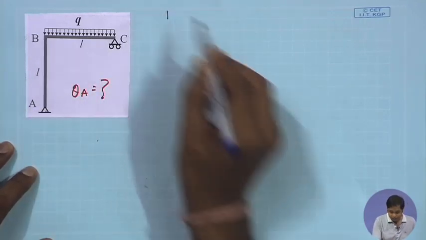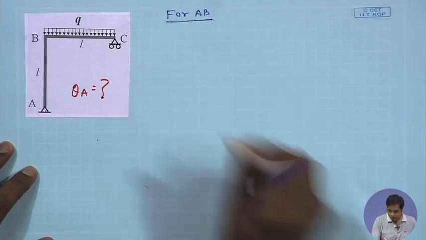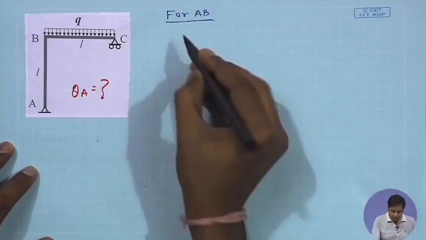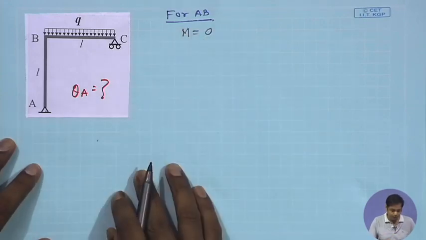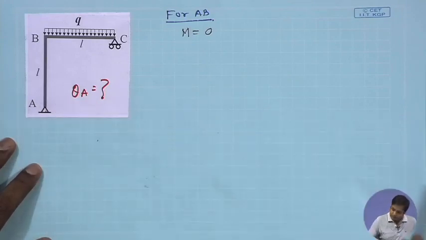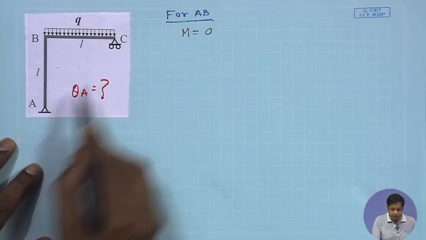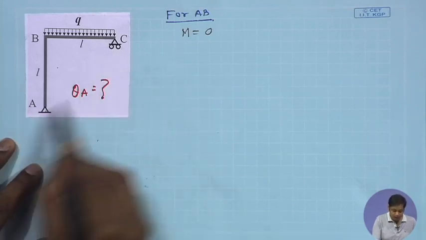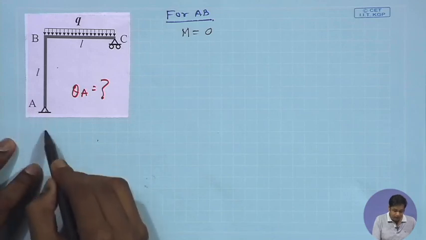For AB, M will be 0, which is obvious, because if you take any point here, there will be no horizontal load here because this is a roller support. Therefore, there is no horizontal reaction at A, only vertical reaction.